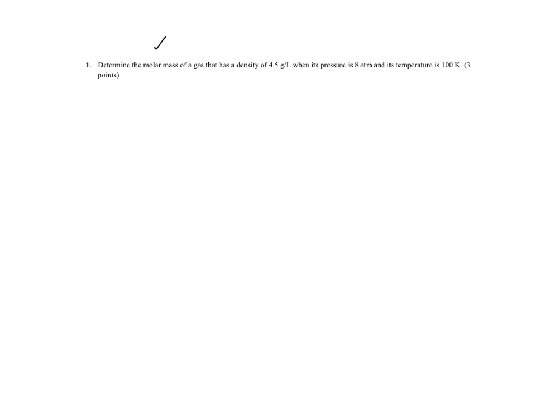Well, okay, molar mass is the number of grams per mole. So we need the number of grams per mole. We have a number of grams. We have 4.5, but we don't have the number of moles. So what we need to do is figure out how many moles there are. Anytime you're trying to find moles with a gas law, it's the ideal gas law, PV equals nRT.